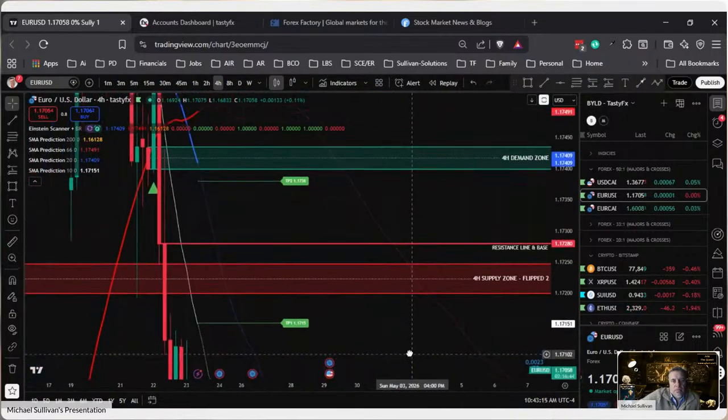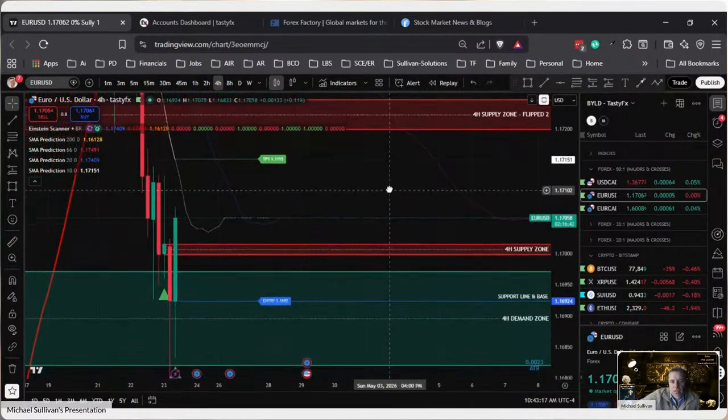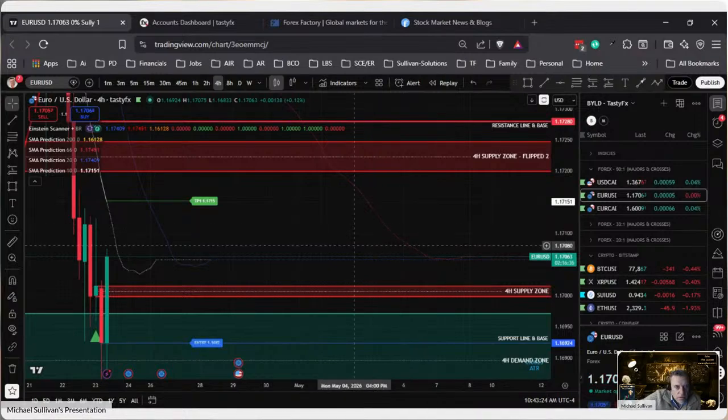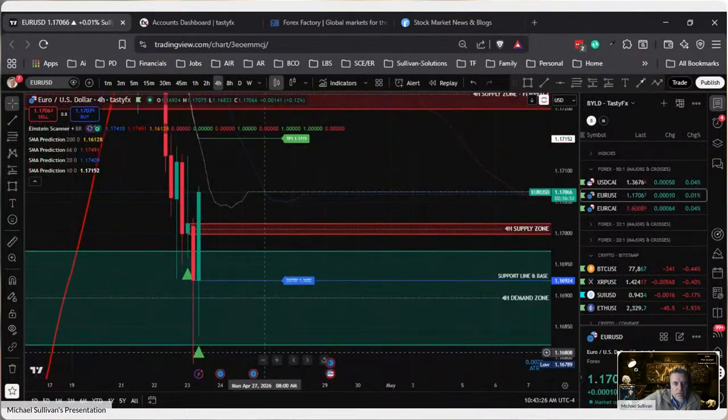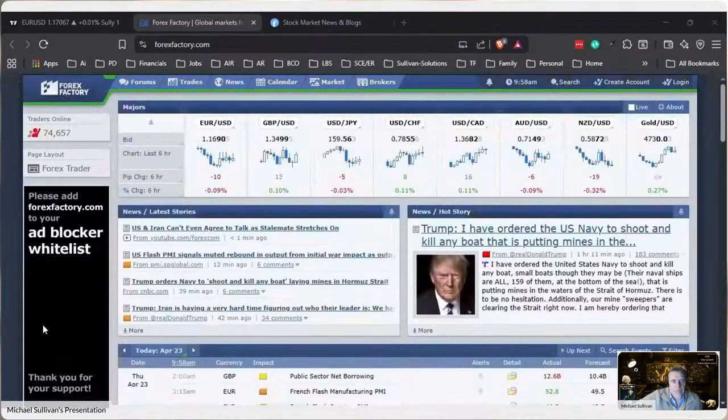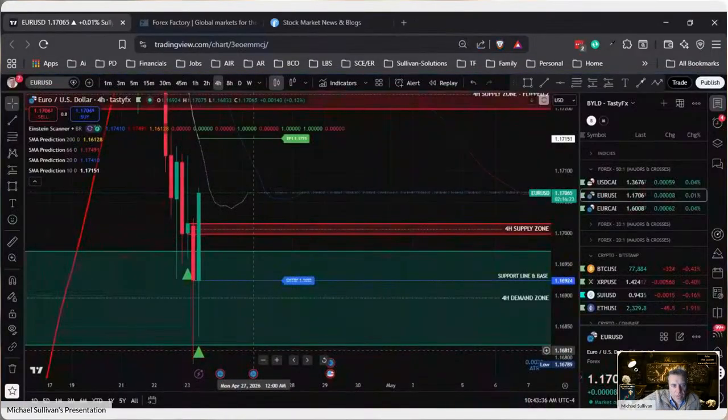Trying to see if we have anything else. Where's price right now? Price is right here. All right, so nothing huge happening there, although we are in the middle of, actually, on the 4 hour, there's a buy right now. If you see that, Einstein called a buy way back here.